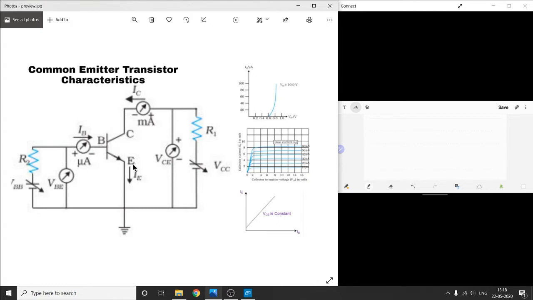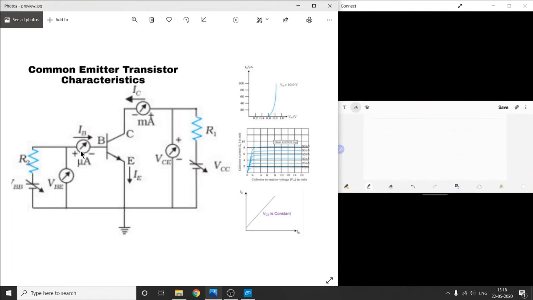In doing this experiment, firstly we have to connect the transistor with wires from the base terminal. You have to connect the microammeter, which will show you the base current.